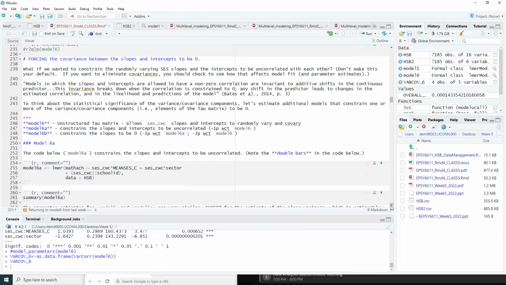That double bar says estimate a randomly varying intercept and a randomly varying slope for SES, but don't estimate the covariance between the two of them. Again, there are a couple of different ways to do it in R, but this is probably the easiest way. It's just to put in a double bar. So that's going to give me model 6A. Now I can run that model.